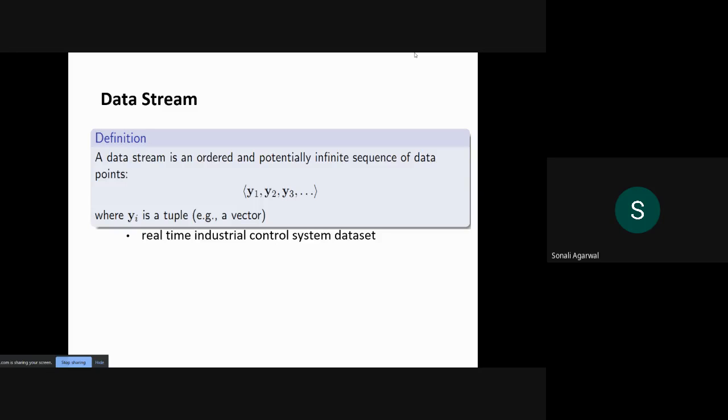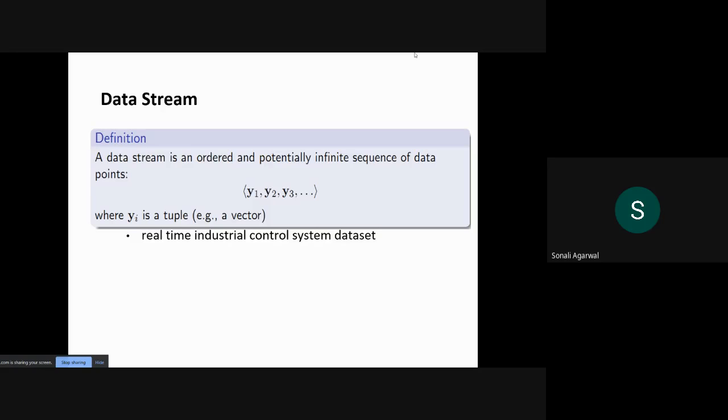So what is a stream? A stream is an ordered and potentially infinite sequence of data points, and we mostly represent it in terms of vectors. Examples are a real-time aviation data set, or your Uber or Ola app taxi data set, where you can see the latitude and longitude of any particular vehicle which is reaching you, or maybe your train tracking system, where you can see the position of your train with the help of some data.